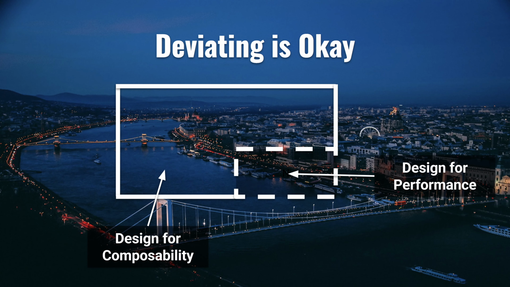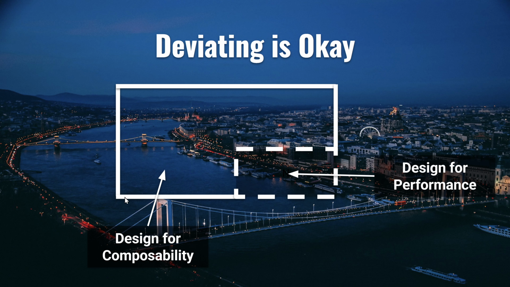Just to be absolutely sure that I mention it and that you are aware of it, designing for composability is not the only thing you design for in an application. Imagine we have a big application here, and most of it has been designed for composability. We are designing for reuse.